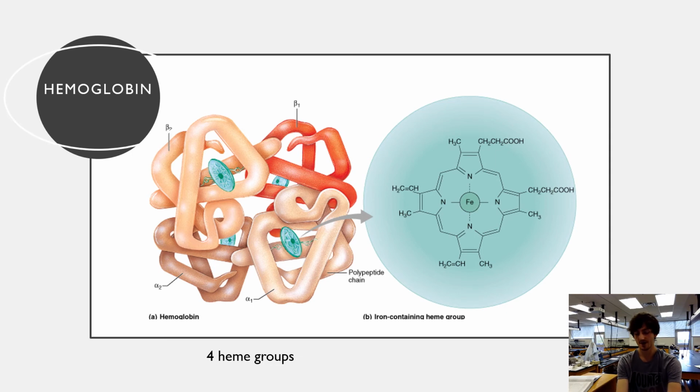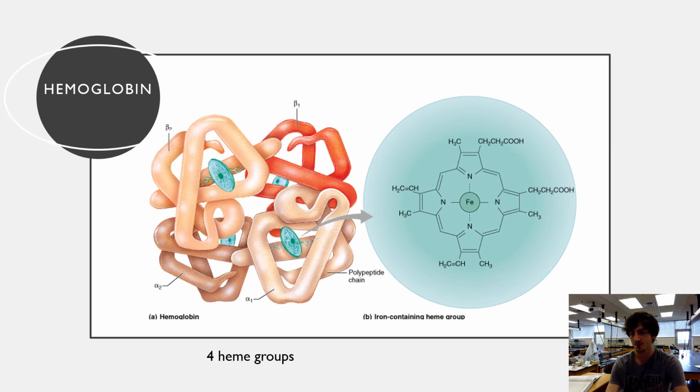As CO2 is being released into our blood, that changes the pH of our blood, so it changes the acidity, which causes these heme groups to release oxygen and then collect CO2, or carbon dioxide. That is the way that these hemoglobin molecules transport oxygen to our cells and then collect CO2 and transport it away.